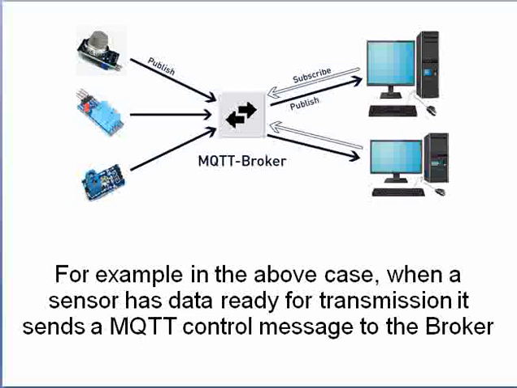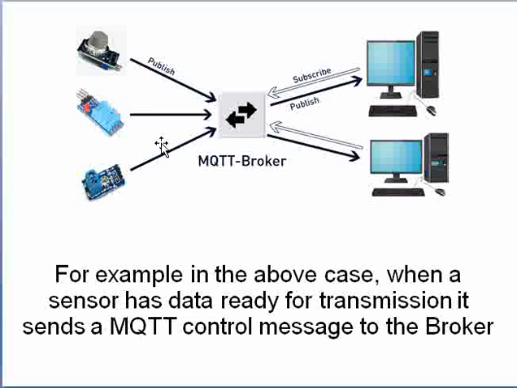How do they communicate? In this scenario, if you see here, there are sensors on one side and PCs on the other side. It is expected that the sensor receives the data and then the broker pushes the data to the respective PCs.